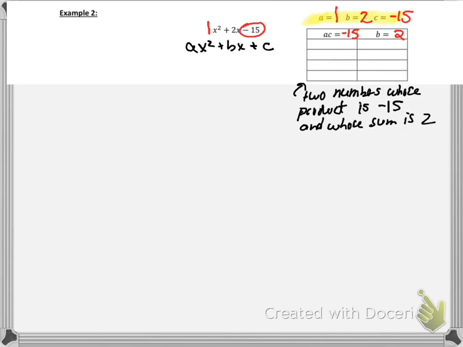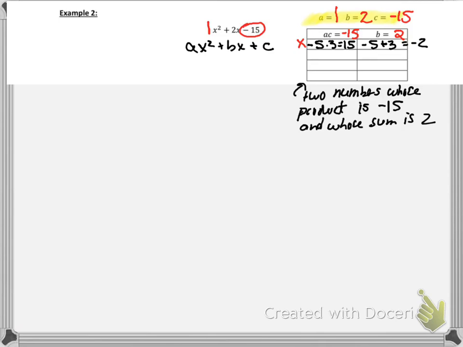Usually I recommend students just start writing out the factors of the number. One set of numbers that multiply up to negative 15 are negative 5 times positive 3. Let's see what happens when we add them. Negative 5 plus 3 gives us negative 2. We don't want negative 2, we want positive 2, so that can't be the right answer.